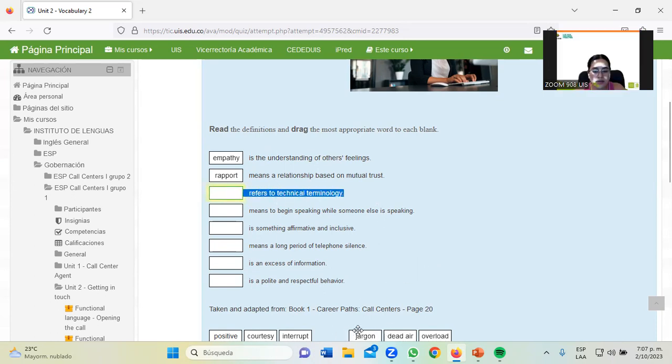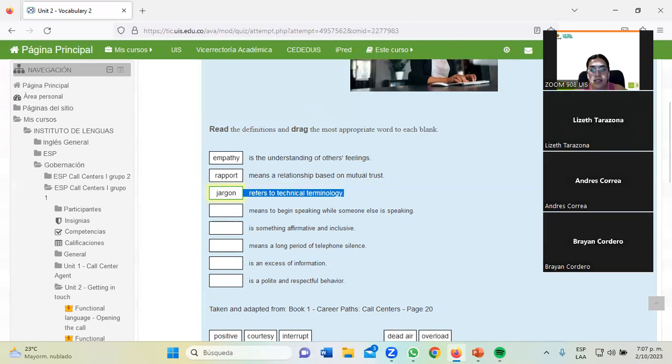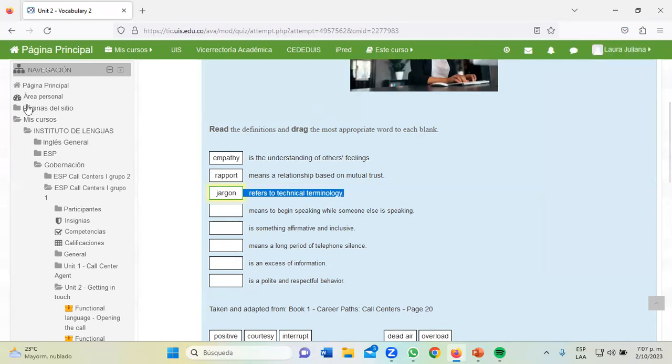Yes, jargon, you said? It's jargon. Is that one? Yes, okay. So jargon, this is what we call a technical vocabulary that is used in a particular profession or group. Technical terminology is jargon, okay?